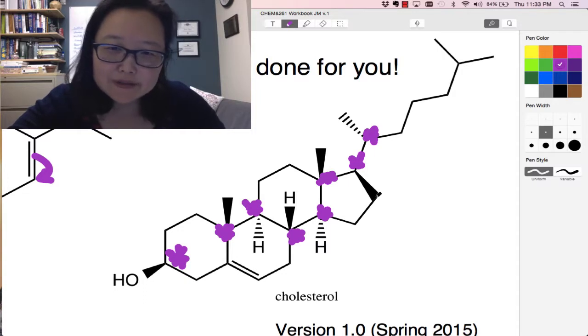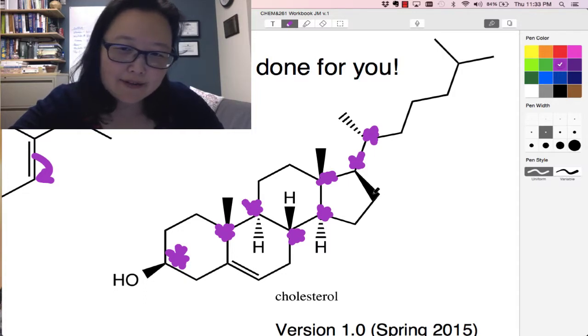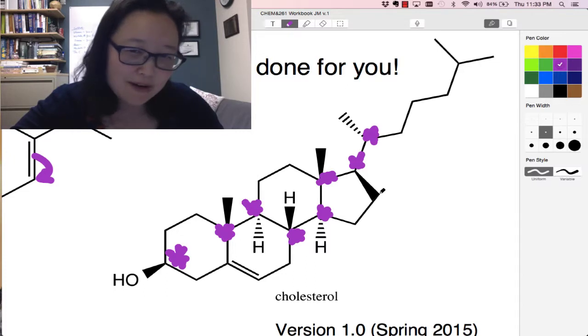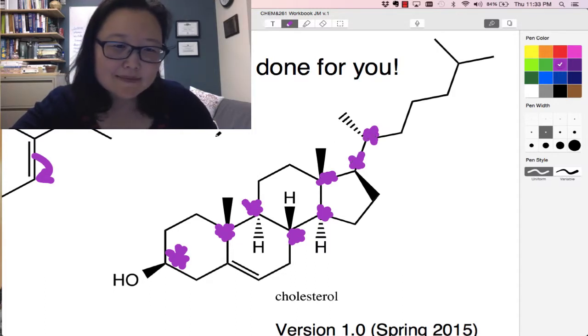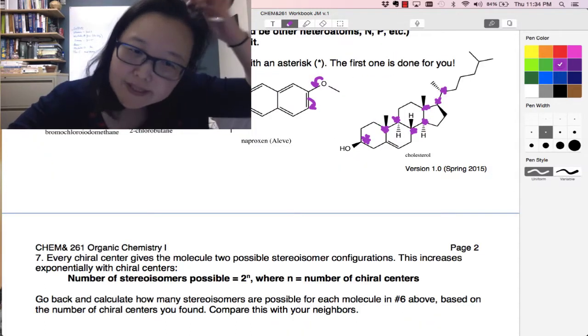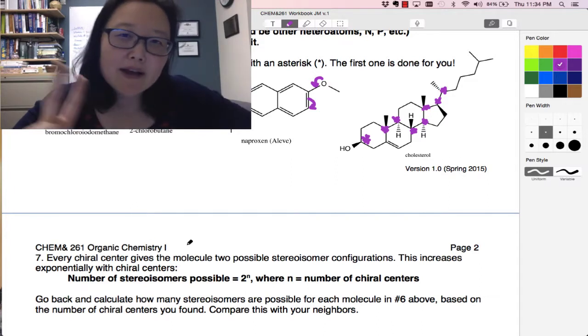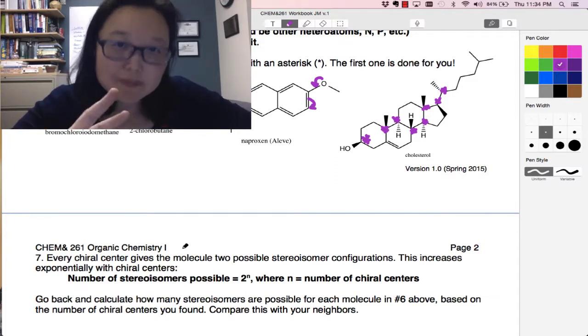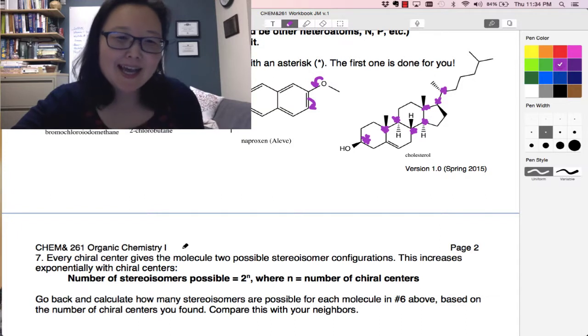Like here, there's 2 H's, so this is not chiral even though it's wedged. So just be careful of that. 1, 2, 3, 4, 5, 6, 7, 8. 8 chiral centers there. Now every chiral center means that you have a maximum of 2 possible stereoisomers.